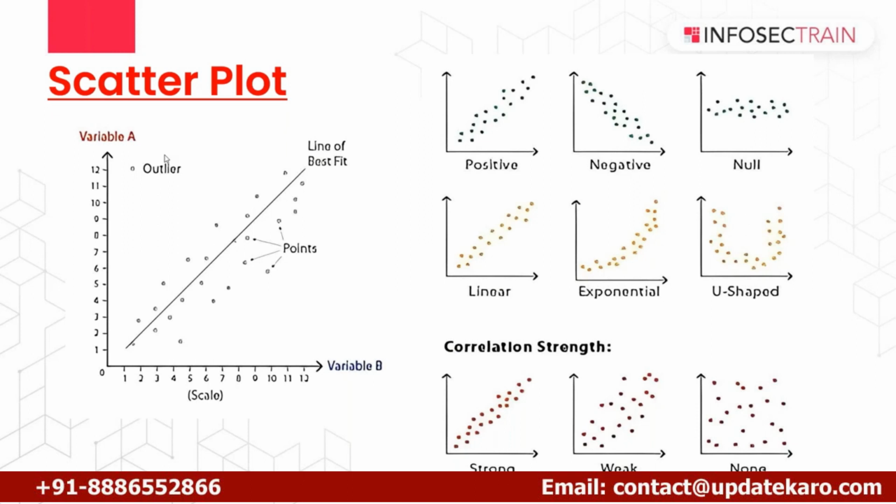The normal range of your data is 1 to 100, but there are only a few values, let's say 4 or 5, and those values are 200, 201, 202, like this. Those values are nothing but the outliers in one dimension.